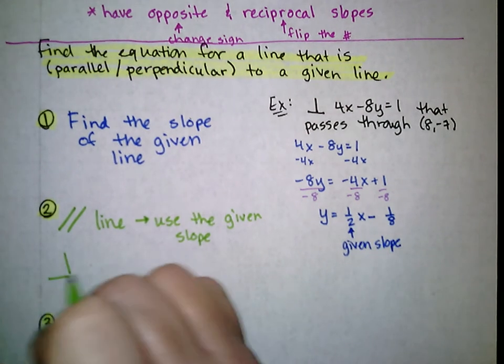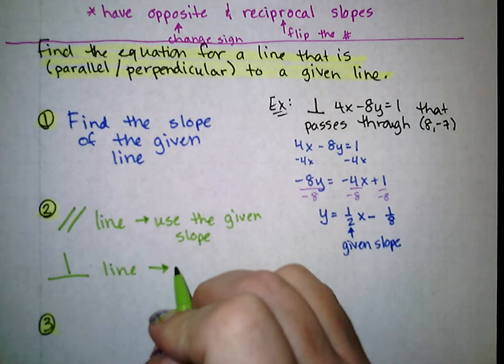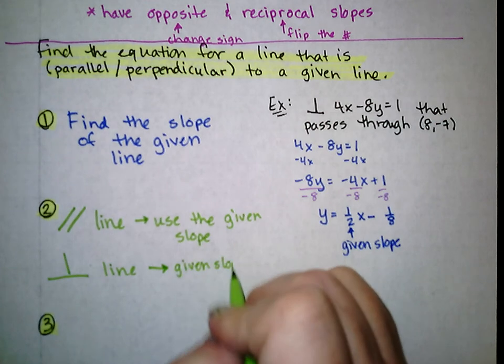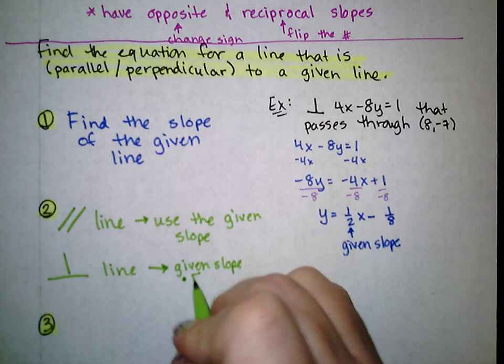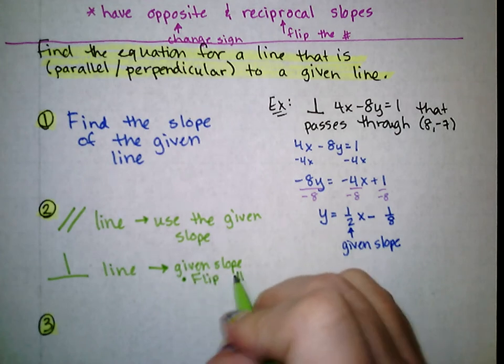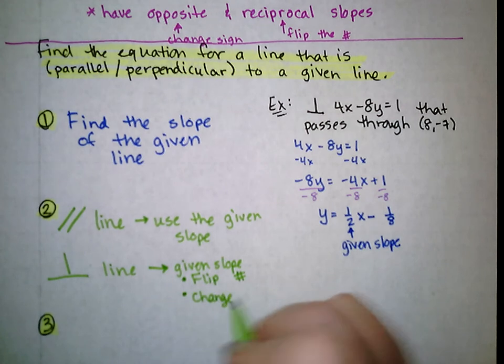If I'm looking for a perpendicular line, I am going to need to flip and change the sign. So take the given slope, and we are going to flip the number and change the sign because we need the opposite reciprocal.